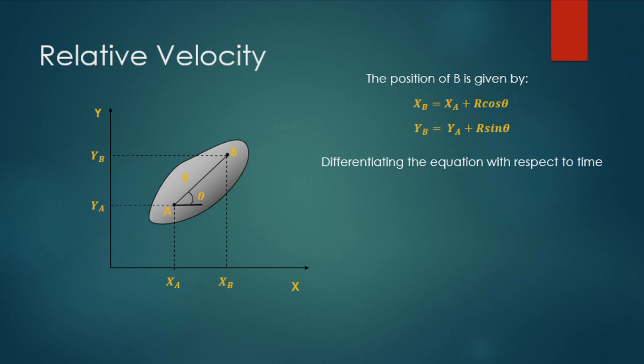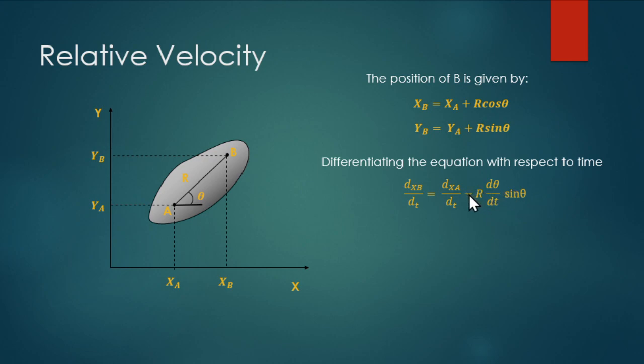By differentiating this equation with respect to time, we can say that the derivative of X sub B, so this is the result. dX sub B over dt is equal to the derivative of X sub A with respect to time, dX sub A over dt, minus R, and the derivative of cosine theta is equivalent to negative sine theta.